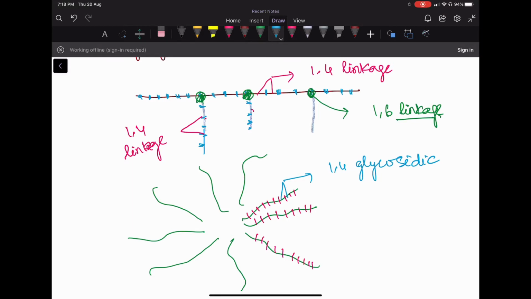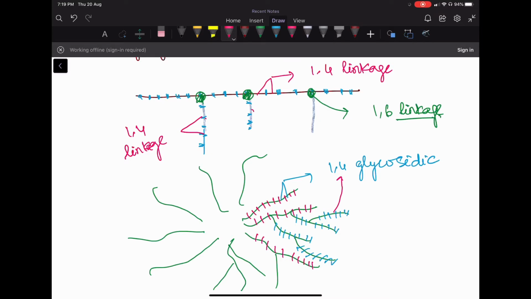Apart from this, there are also certain branches which come from this structure, and these branches also contain glucose molecules. Again you see here, these are the glucose molecules. And these linkages are again the same, that is 1,4 linkage.